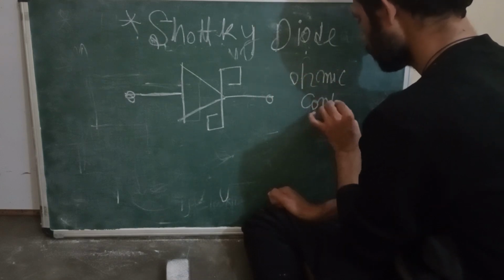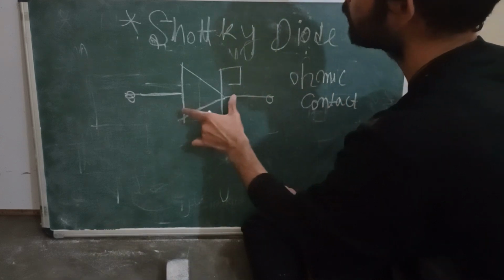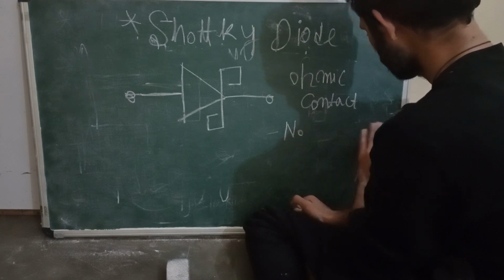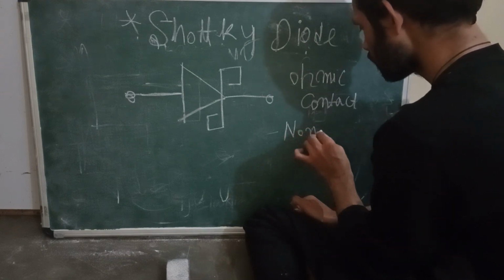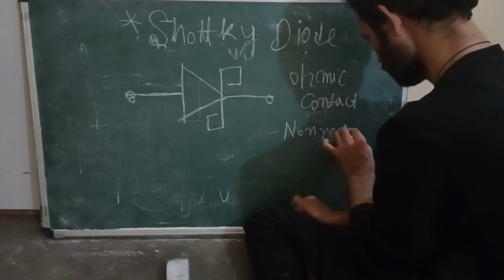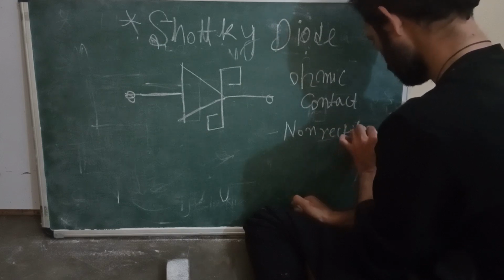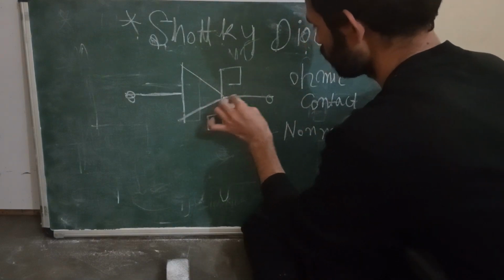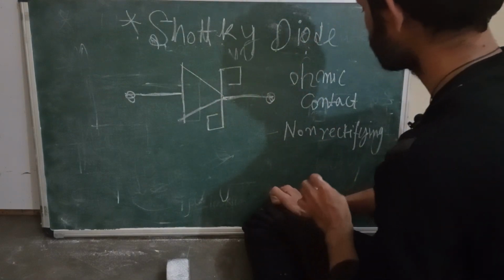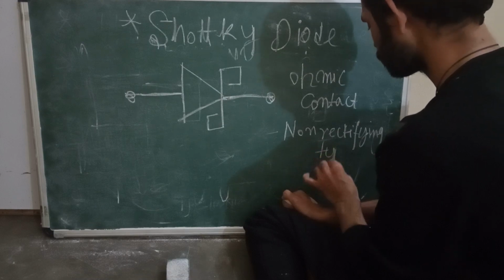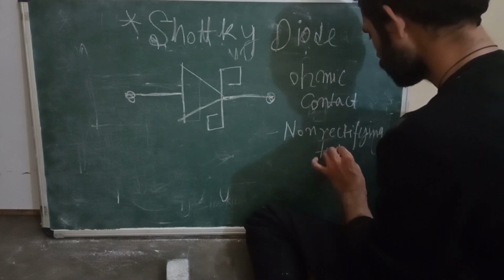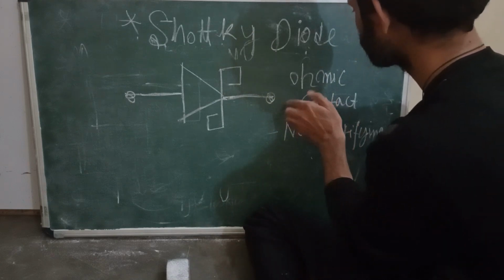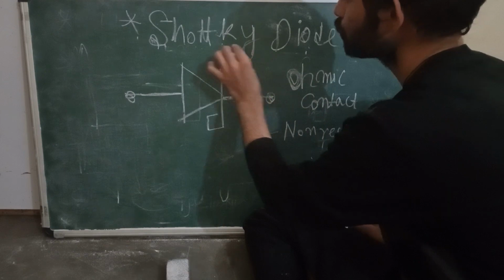You will get ohmic contact in the case of the Schottky barrier diode, which is non-rectifying. So this ohmic contact is a non-rectifying type contact in the case of the Schottky barrier diode.